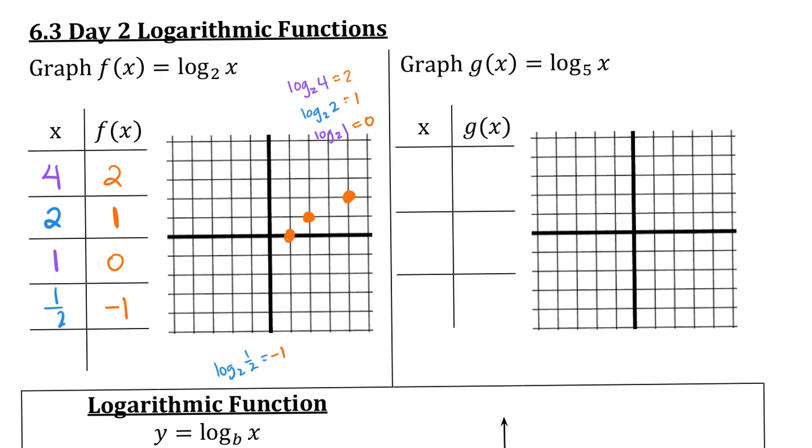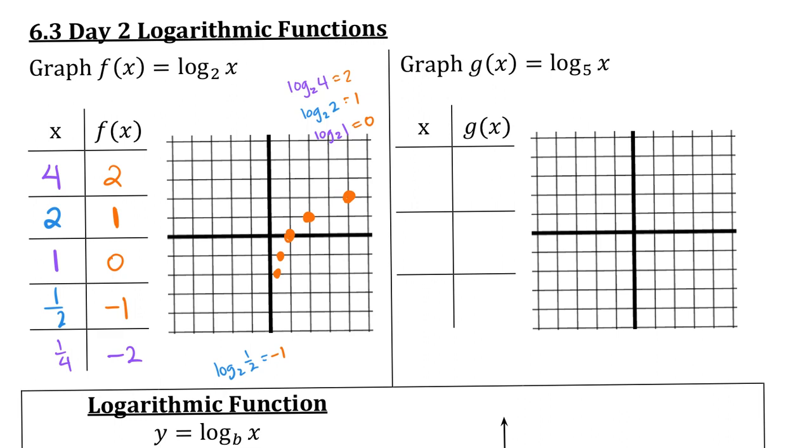I'm going to do 1/4. 2 squared is 4, but to get a fraction, it's going to be -2. I'm going to graph these 2 points. So 1/2, -1 is way down here. I'm going to guess it's about here. Now, if I do 1/4, -2, I'm going to go over 1/4, which is barely at all, and then I'm going to go down 2, which is right here.